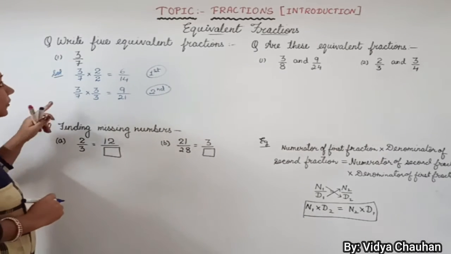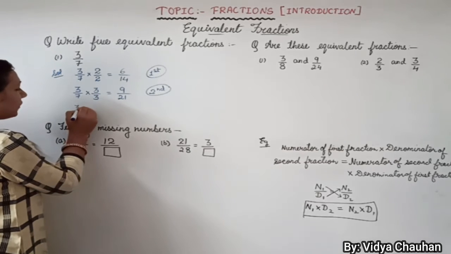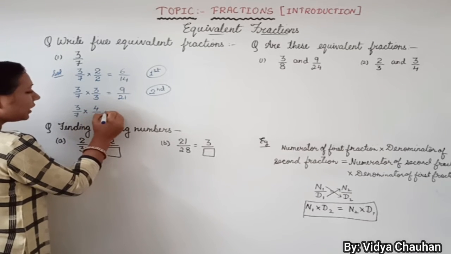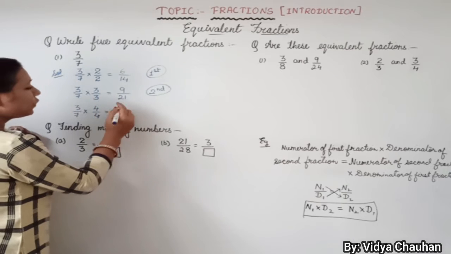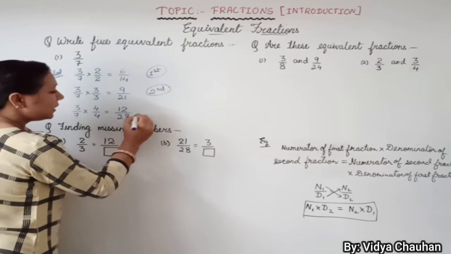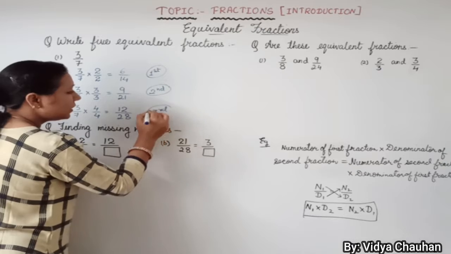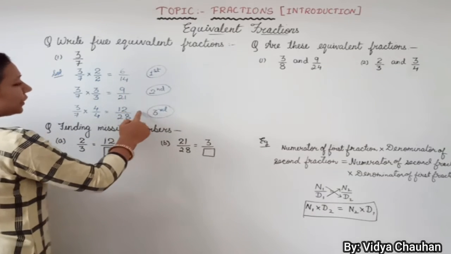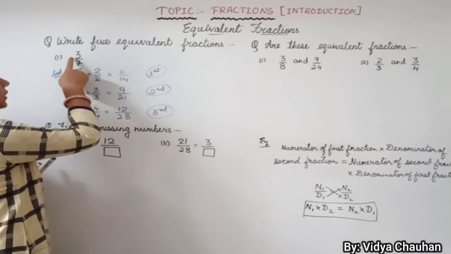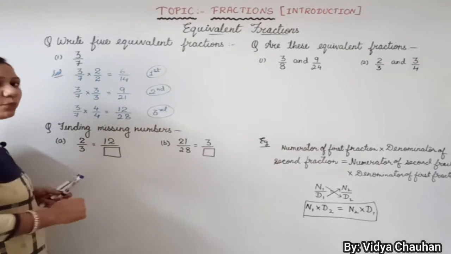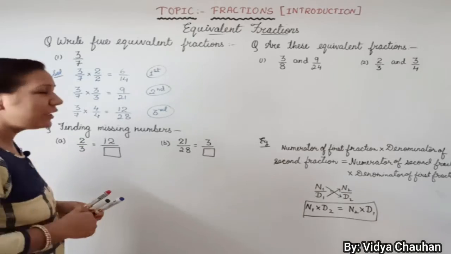For the third, we multiply both by 4. 3 4s are 12 and 7 4s are 28. This is our third equivalent fraction. So till now we have 6 upon 14, 9 upon 21 and 12 upon 28. We have to find 2 more.